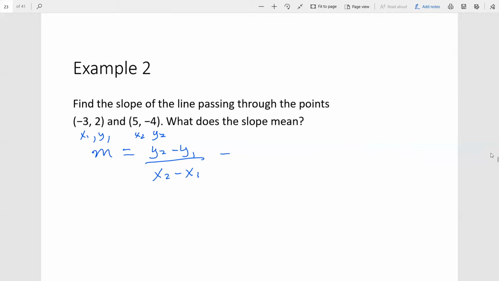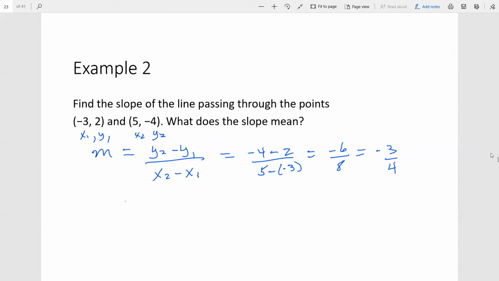And now we plug in y2 is -4 minus y1, which is 2, divided by x2, which is 5, minus x1, which is -3. So this is -6 over 8, which reduced to lowest terms is -3/4.